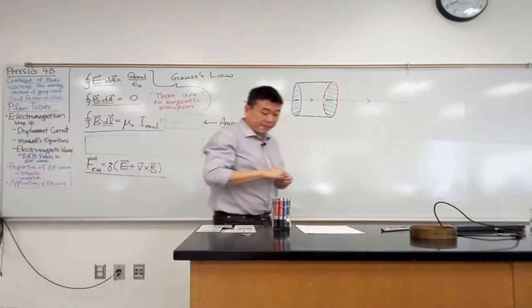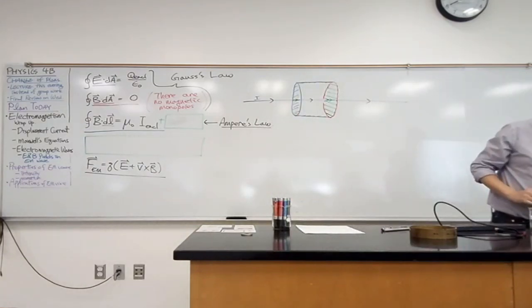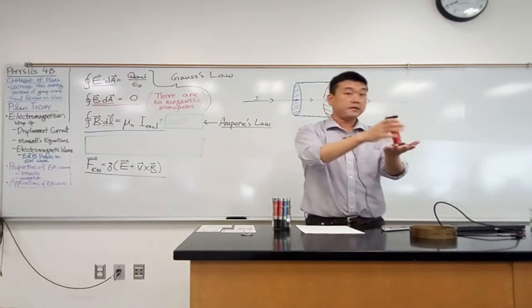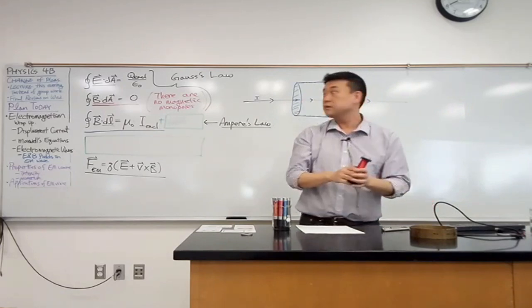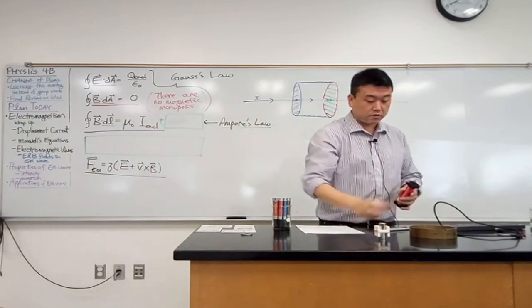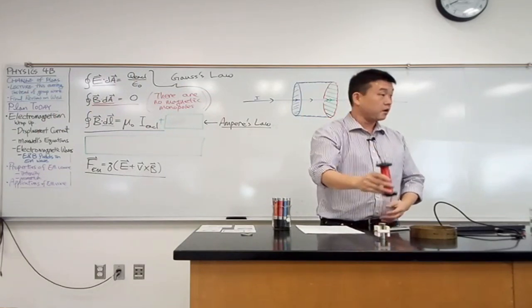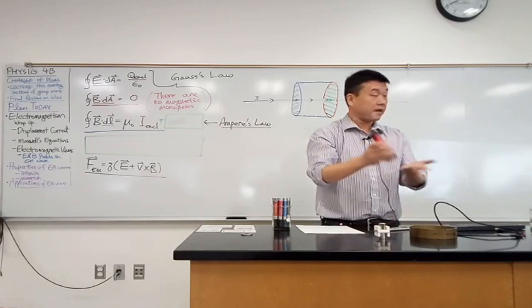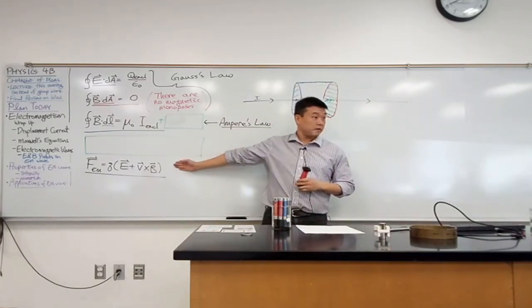And the specific example that we looked at was a solenoid that's moving in a magnetic field. In the demo that you saw, when this solenoid moves, there's a voltage induced in it, and we can explain that using this electromagnetic force.